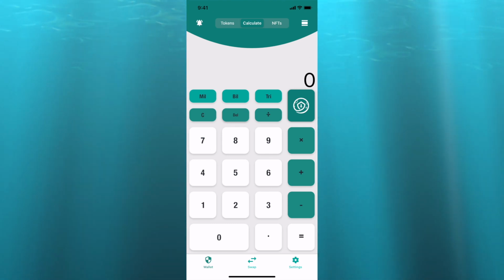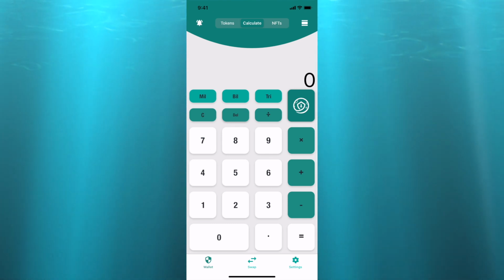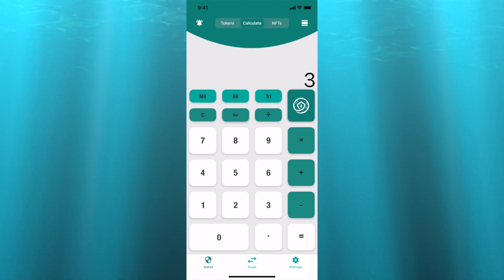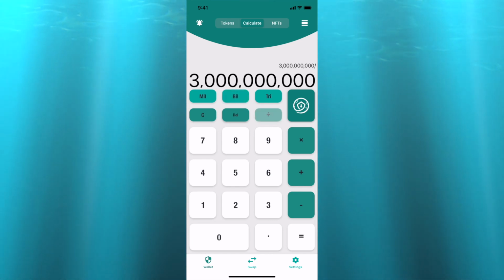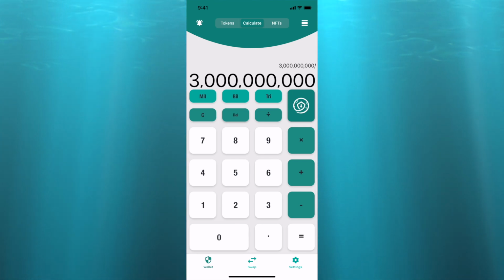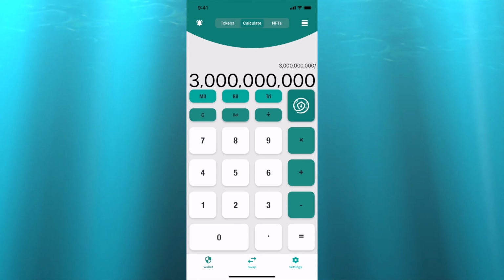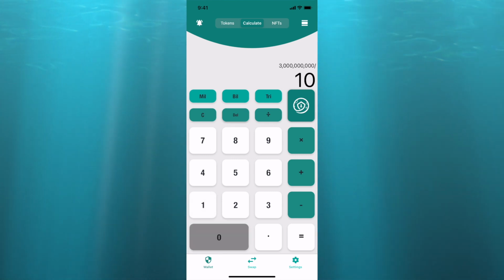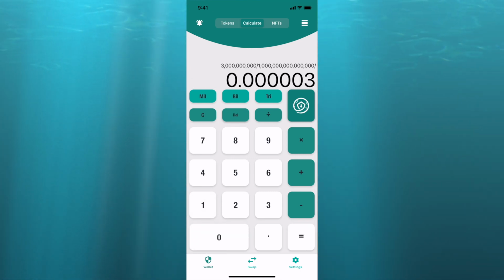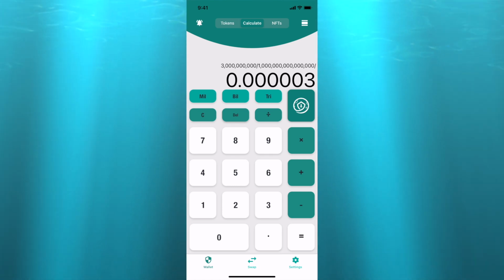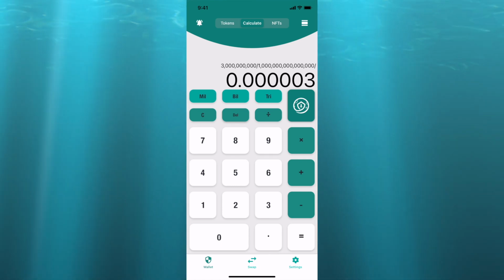Can you imagine your bag size? Sorry, you had 3 billion tokens. All right, so 3 billion tokens divided by, and what's the price? So 3 billion tokens divided by 1,000 trillion, which is equal to 1 quadrillion, right? So that would be your percentage, 0.503.